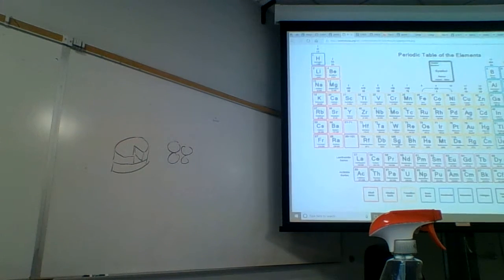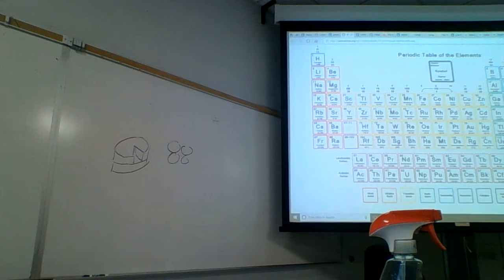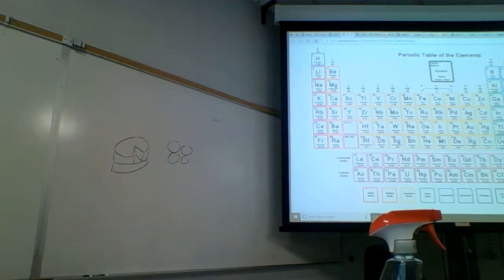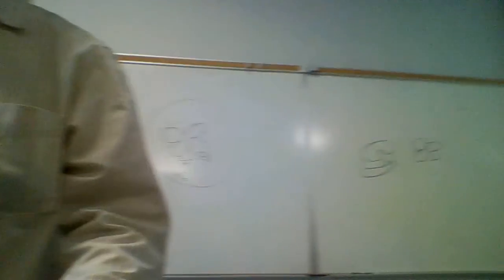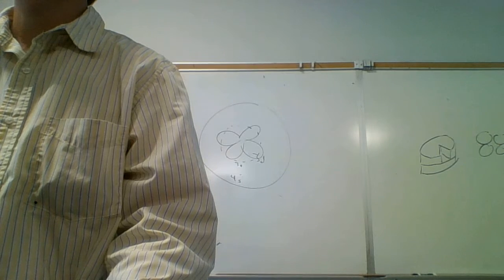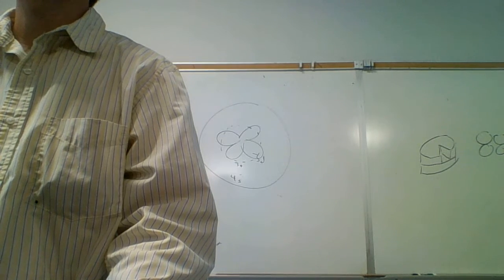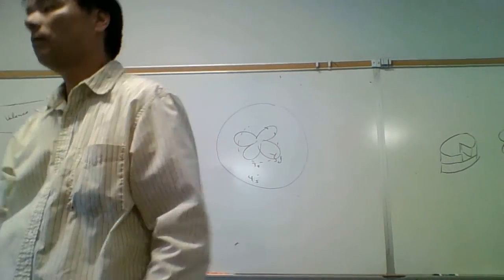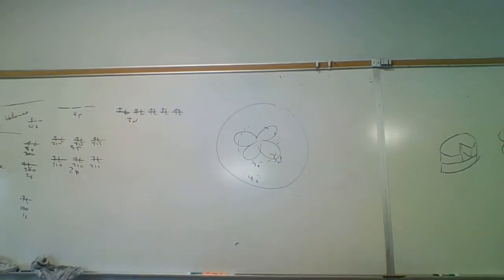What was the electron configuration for copper? It was the exception. It was 4s1, 3d10. And so a common charge for copper should be plus 1.